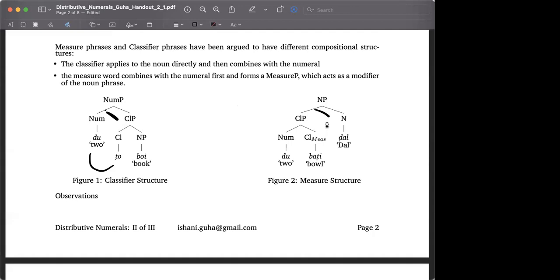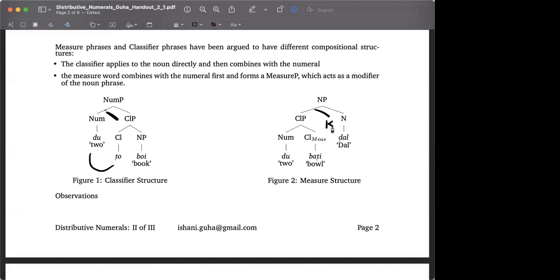Because it's the denotation of the noun in classifier languages that chooses the classifier, not an NP. But the way the syntactic structures we build to be able to allow the classifier to come together with the numeral, give you the opposite relation.